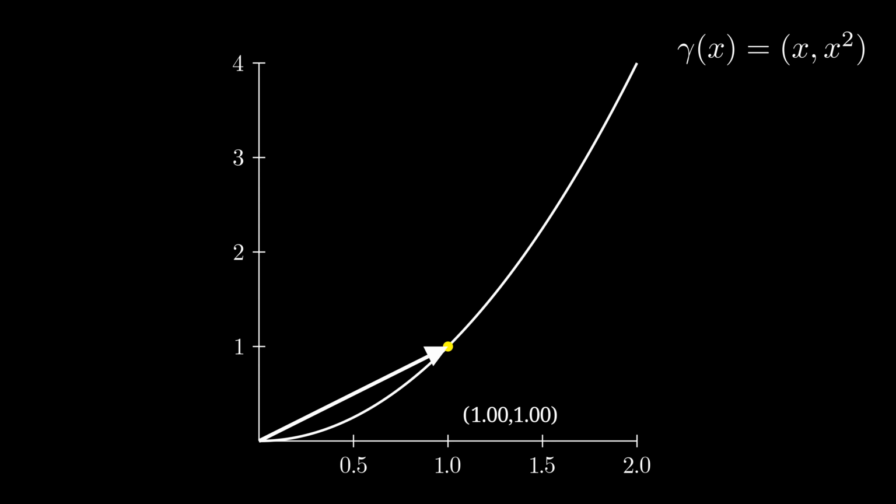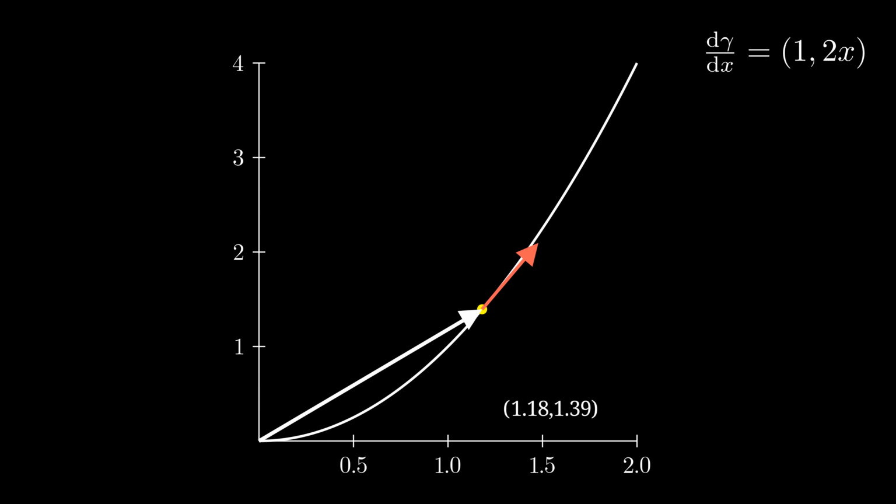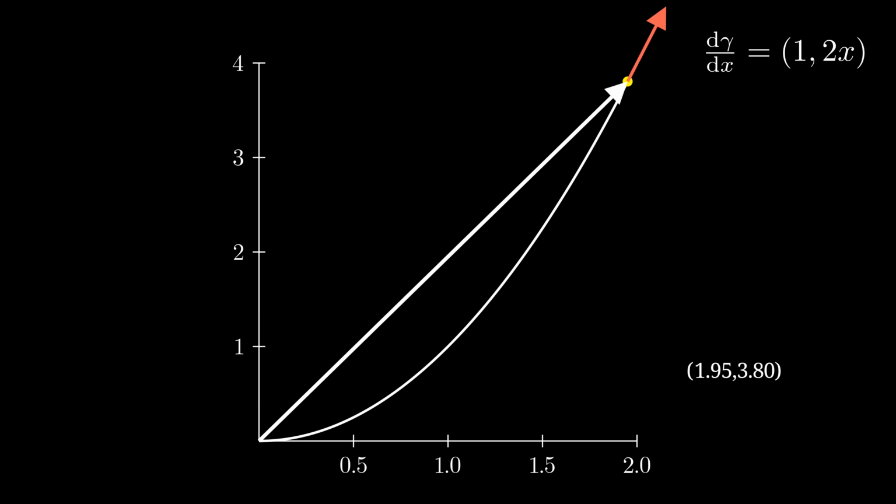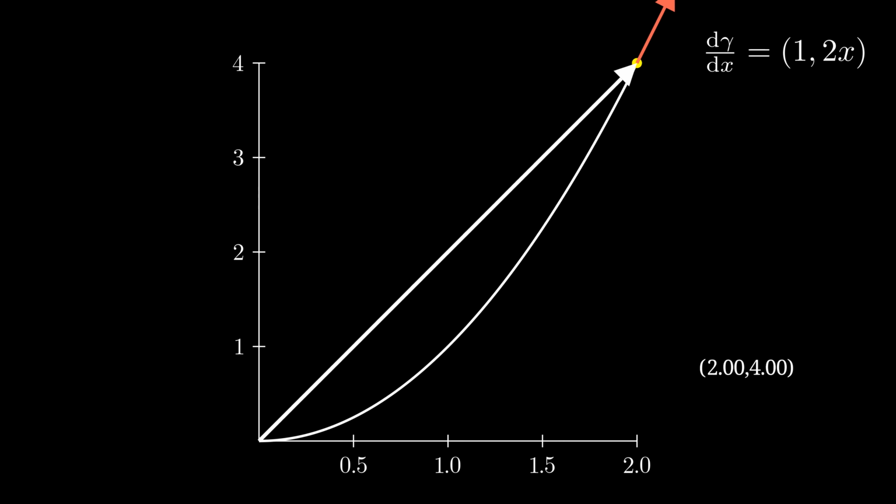If we take the derivative of this parameterization, we get 1, 2x, which is the components of our velocity vector. We can bring in our velocity vector and move along the curve. We want to define the same velocity vectors on a curve on a manifold.